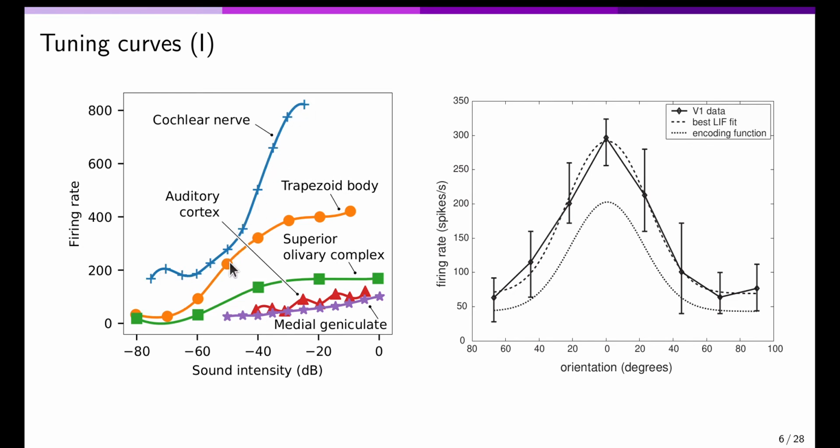There's a neuron that seems to change its activity as the sound gets louder. Another part of the brain, I might have a neuron that does this. Another part of the brain, here. All of these neurons seem to be somehow encoding sound intensity. And this is the sort of data that is often presented in papers.